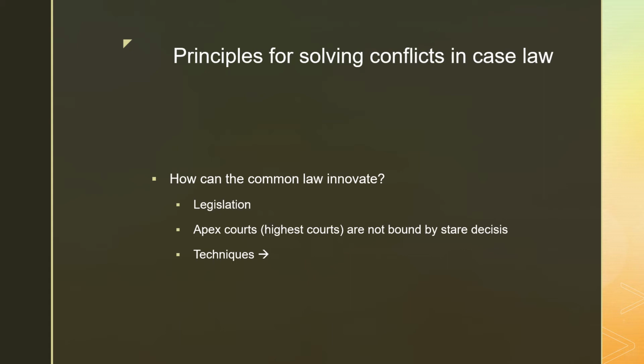To this we may add that the highest courts of the land can never really be bound by stare decisis. They can always change their mind. Third, the common law gives judges many tools to wiggle away from old cases, and to these we must now focus a little bit more in detail.